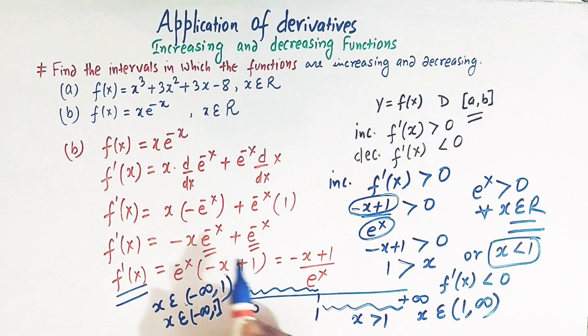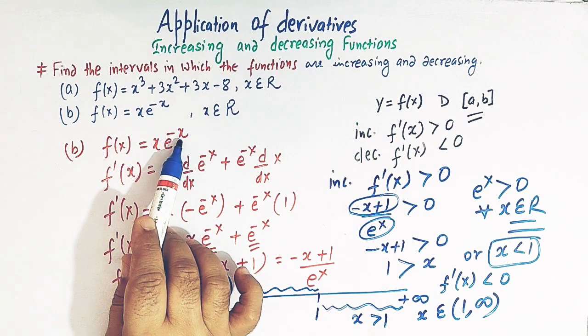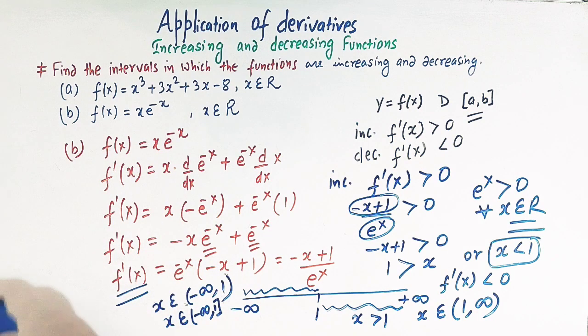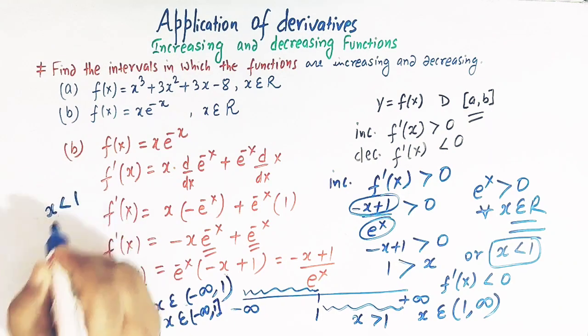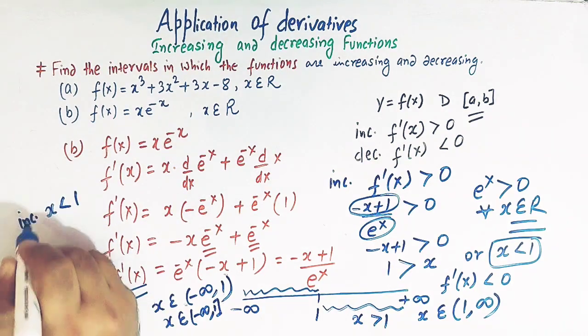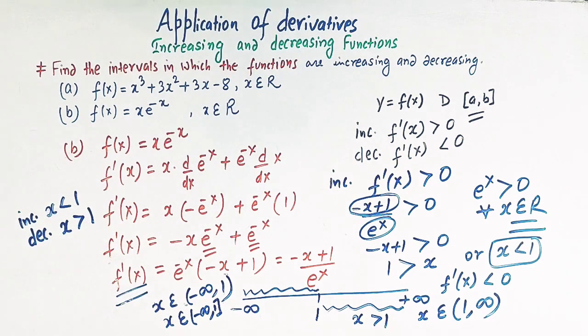So we can conclude that this function x times e raised to minus x is increasing for x less than 1 and decreasing for x greater than 1.